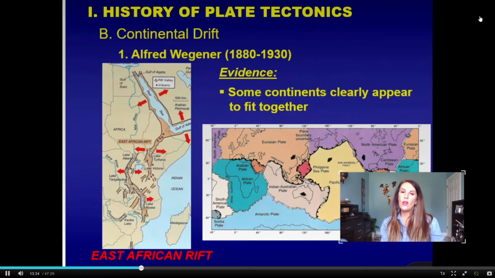And what you'll notice is that there's a divergent plate boundary that's separating the African plate from the Arabian plate. Alfred Wegener didn't know that, but what he did know is that looking at a map of the African continent, he's saying, it sure looks like the Arabian Peninsula was once part of Africa, but something happened to cause the splitting, and so the formation of the Red Sea and the Gulf of Aden.